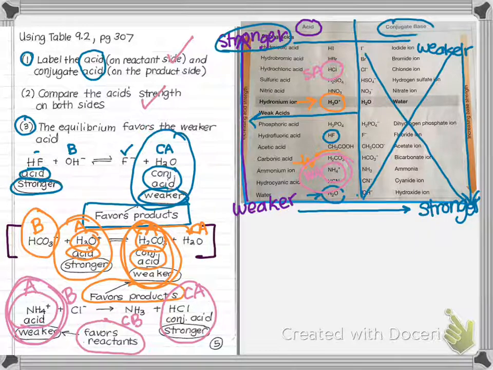And then what you have to remember is that the equilibrium will always favor the side that contains the weaker acid. You could also evaluate the bases and the conjugate bases, but you would have to use this side of the chart. And there again, the side that would be favored would be the weaker side. And in both cases, the weaker side would be the same side, so you wouldn't make a mistake that way.